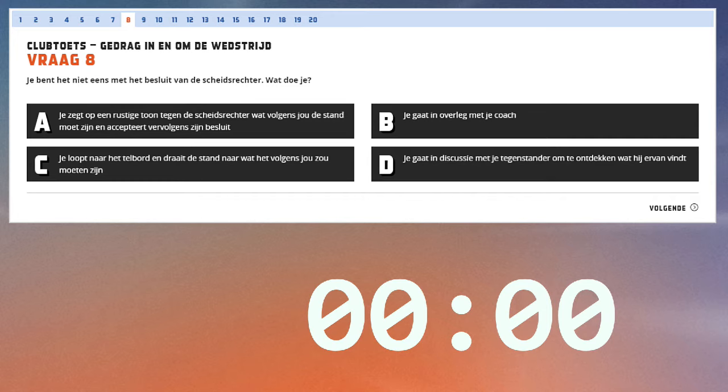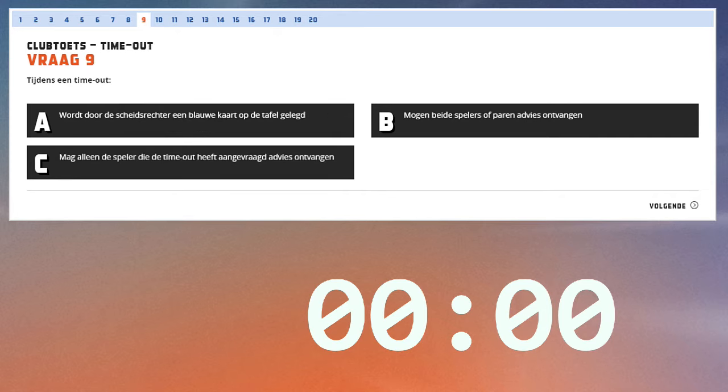Okay, continue to question number 9. This is about a timeout. During the timeout, A, the referee will show a blue card and puts it on the table. B, both players or double players can receive advice.